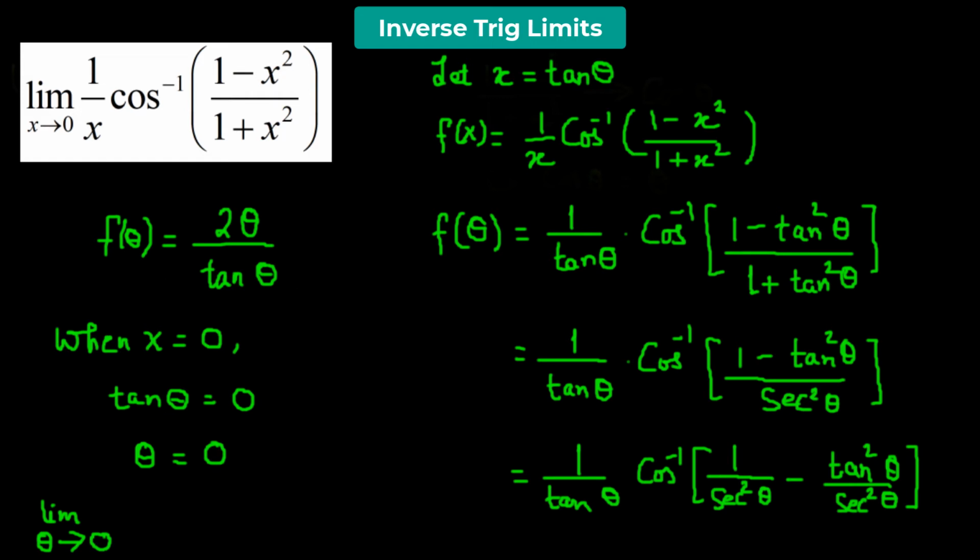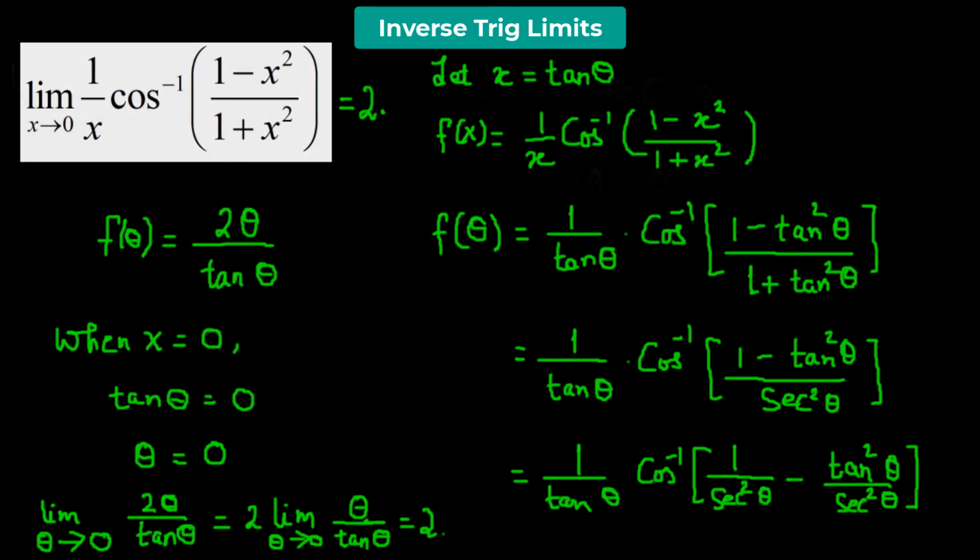Now our function is 2 theta over tangent of theta, which is equal to 2 times the limit of theta approaching 0, theta over tangent of theta. Now the limiting value of theta over tangent of theta is going to be equal to 1. So we have 2 times 1, which is equal to 2. So the limiting value of our given function is going to be equal to 2.